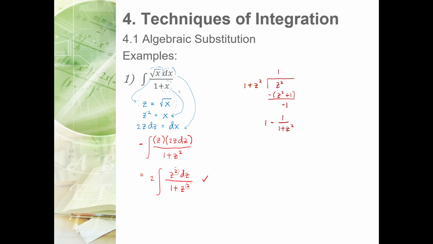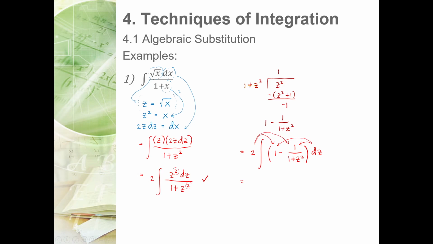So going back to the equation. Our equation now is 1 minus 1 over 1 plus z squared. So you have 2 integral of 1 minus 1 over 1 plus z squared dz. Okay, so if we separate the two functions, of course don't forget to multiply 2 to each term.